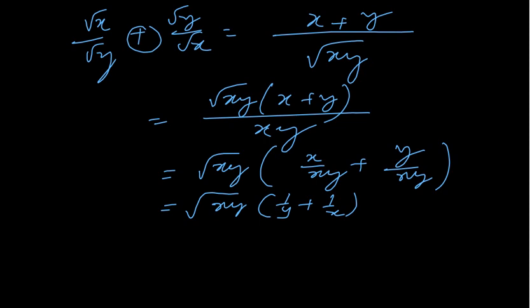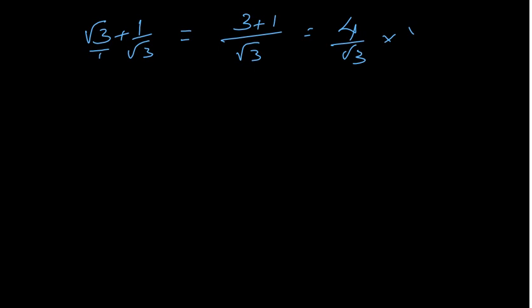In other words, if I have a similar concept, if you remember this, root 3 plus 1 by root 3. You take LCM or whatever, you will have root 3, 3 plus 1. This is 4 by root 3. Then rationalize it, so you will have 4 by 3 root 3. It's the same thing.